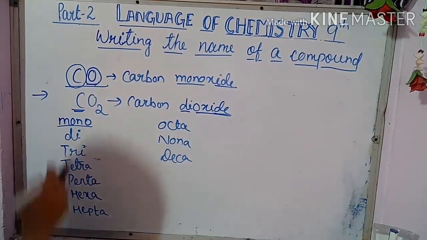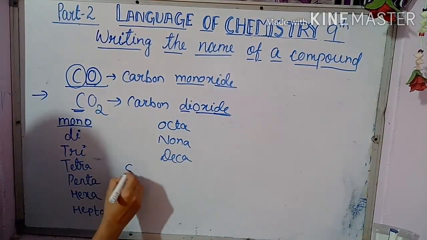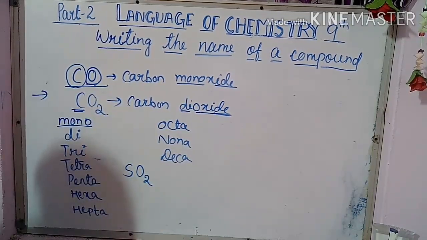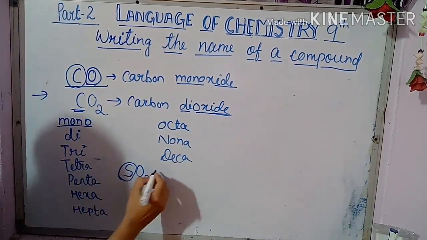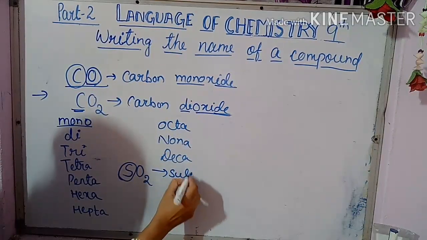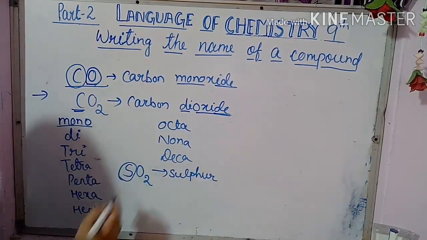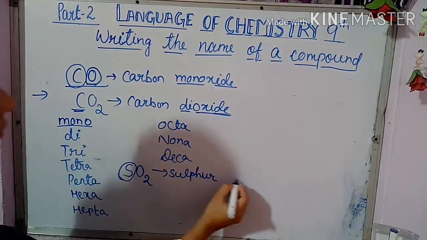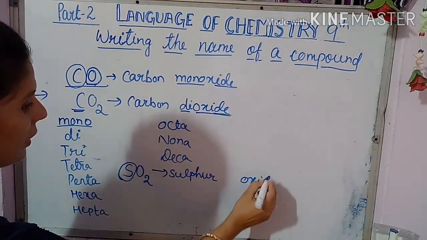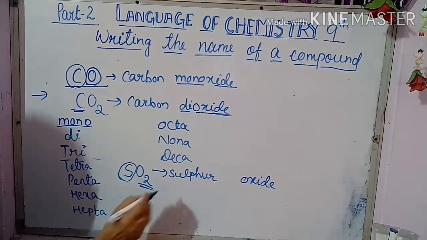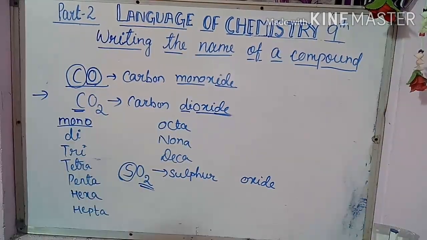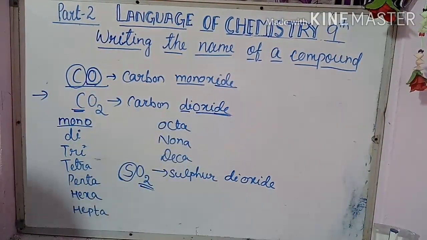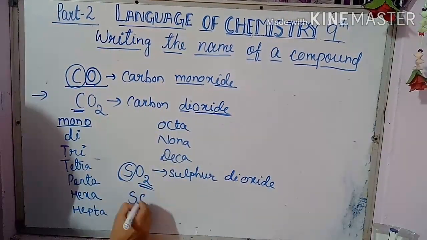Like this you can take another example. Suppose SO2. S is sulfur, the electropositive element. O is 1 atom only, that's why IDE, so it is oxide. But how many oxygen are there? That is 2, so it is dioxide. Another one is SO3.